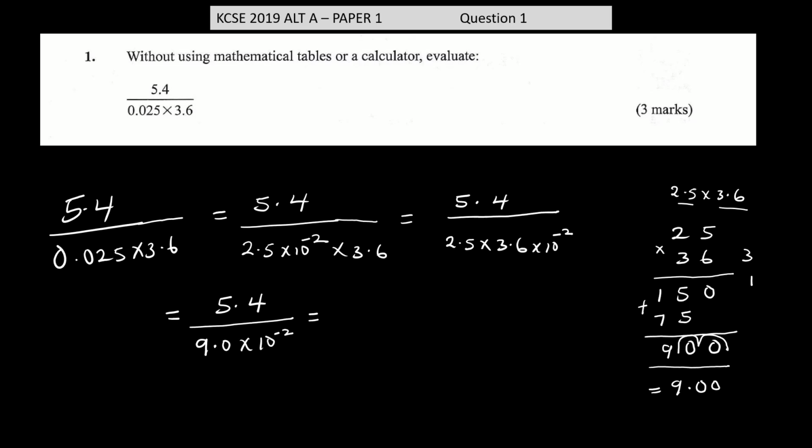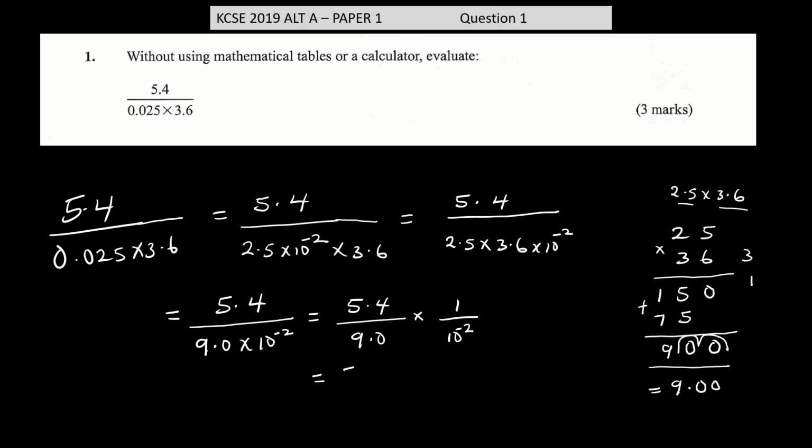We can further simplify this to be equal to 5.4 over 9.0 times 1 over 10 to the power of negative 2. What we did here is to split this equation into two. Now split it into two to have 5.4 over 9.0 times 1 over 10 to the power of negative 2. To find 5.4 over 9.0, we change this decimal to a fraction.